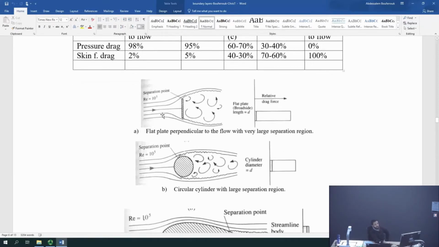Now, of course, there are both kinds of evils that you need to deal with, but it's important to know what type of drag you will be having, and therefore, in practical terms, what you can do to decrease it, because obviously the techniques we use for reducing pressure drag or skin friction drag are not necessarily the same. There are various techniques for that, but it's important to know what you're dealing with.